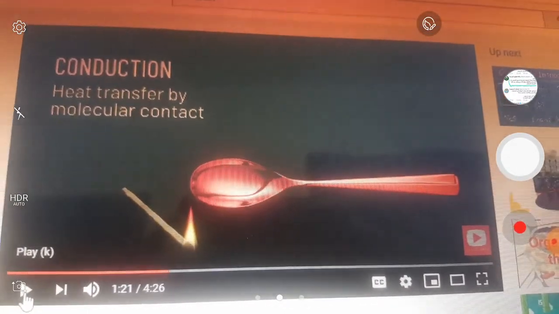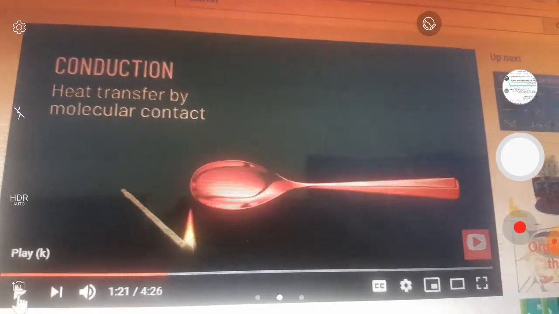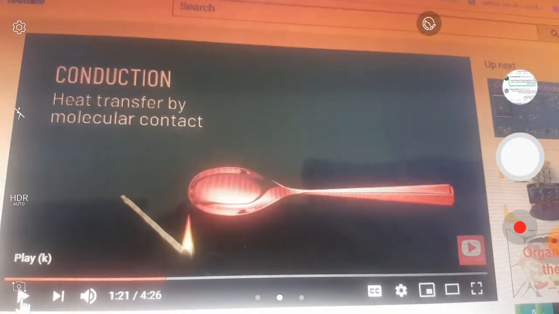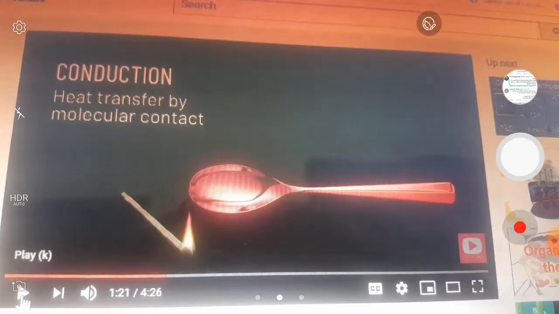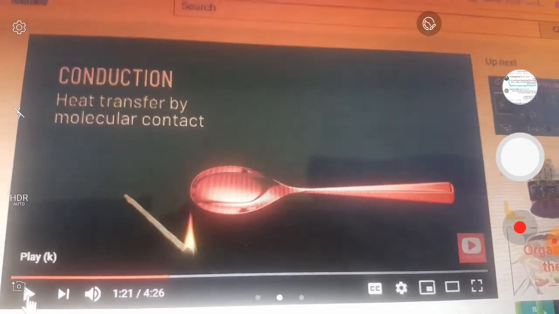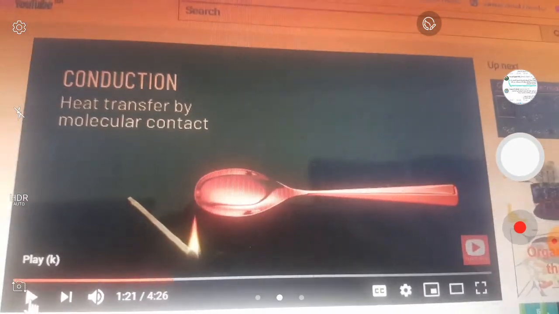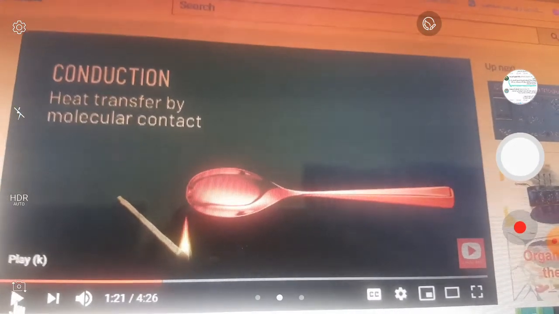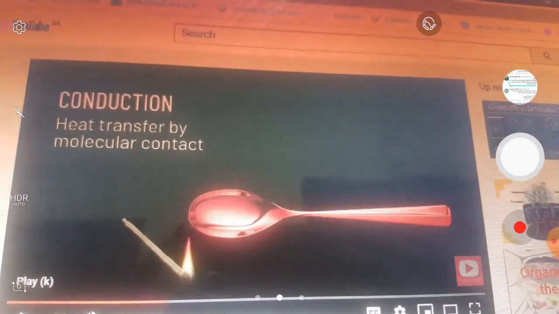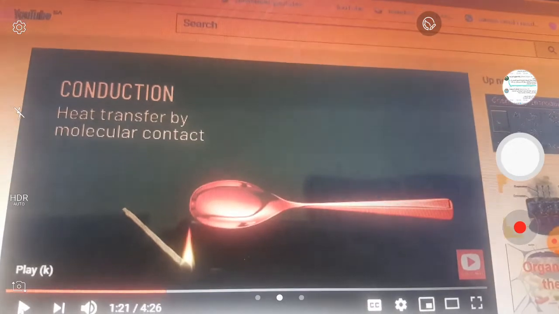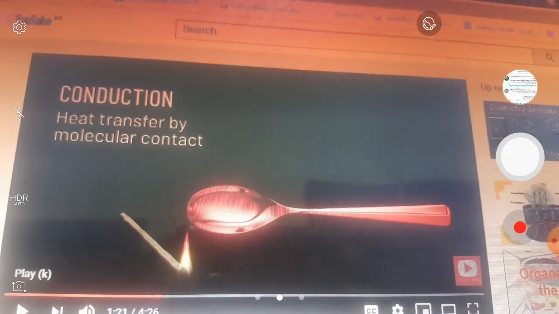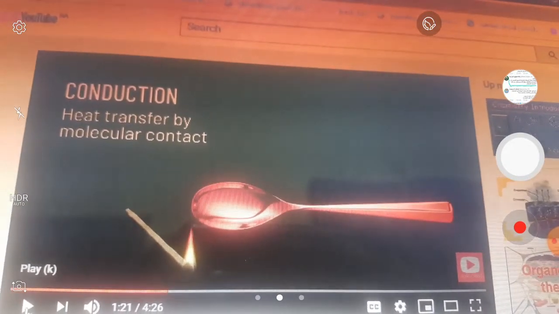Of course the flame keeps heating the particles to the left, so the thermal energy will increase and increase and increase, and when it increases in one particle, it will increase in the next particle, and the next, until all the spoon has the same temperature.